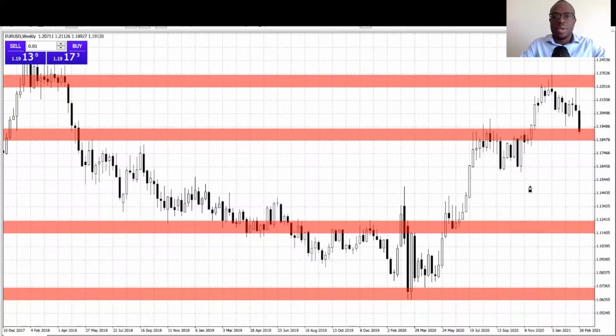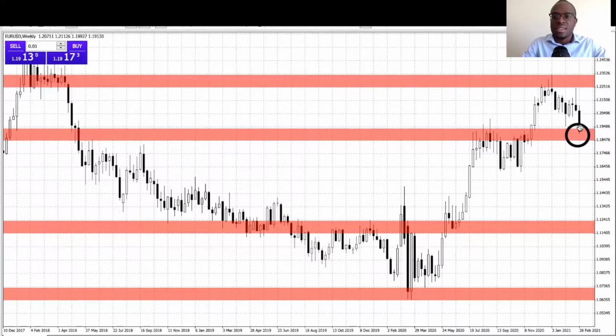So having these two in mind, the general bullish trend and the breakout, what we're expecting this week is that if this 1.18476 zone holds as a support zone, then the price will be rejected, right? And it will continue with the movement to the upside.